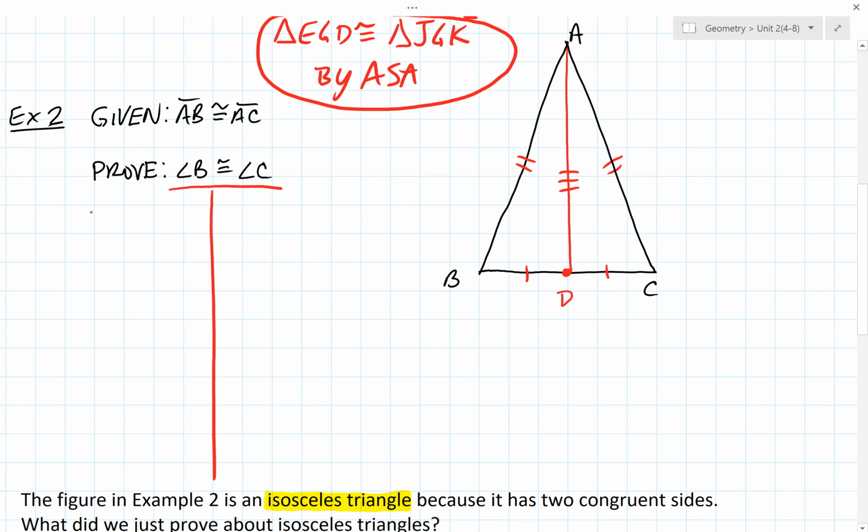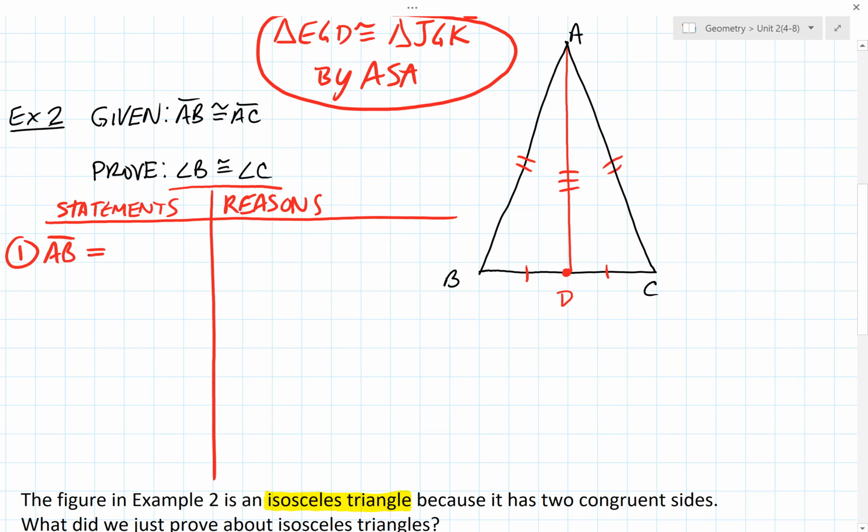And so we can make our two-column proof with our statements and our reasons. And so the first statement was the given. AB is congruent to AC.